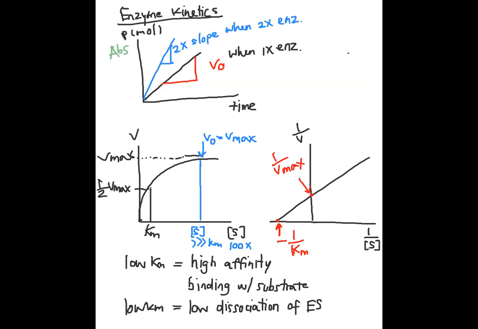And so for the calculation for enzymes, we focus on only one equation here, which is the Michaelis-Menten equation. So you have V0 equals Vmax times the concentration of the substrate divided by Km plus the concentration of the substrate.